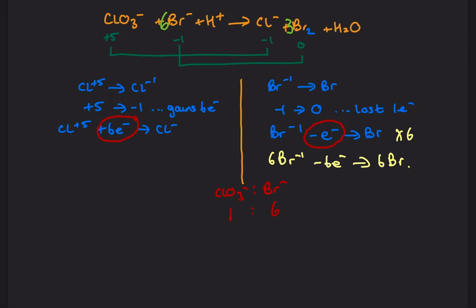Figure out the rest, if it's okay or if it's balanced. So looking at the oxygens, I have 3 oxygens on the left-hand side. So I'll put a 3 here to get 3 on that side. And I need to put a 6 here. Okay, so again, left-hand side versus right-hand side.